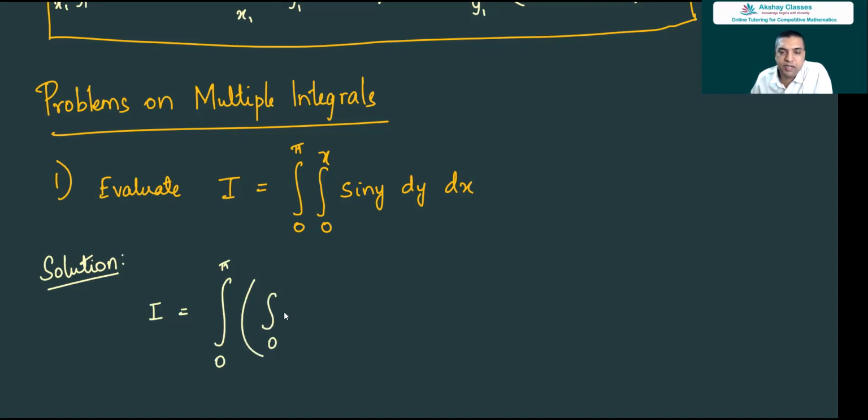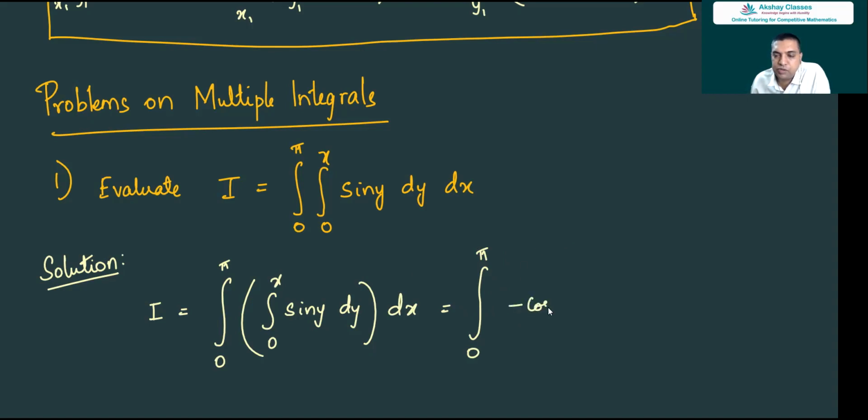So when we write the bracket, it means we are integrating first with respect to y, and then we'll integrate with respect to x. So when we are integrating with respect to y, integral of sine y is minus cos y. Apply the limits from 0 to x, dx.